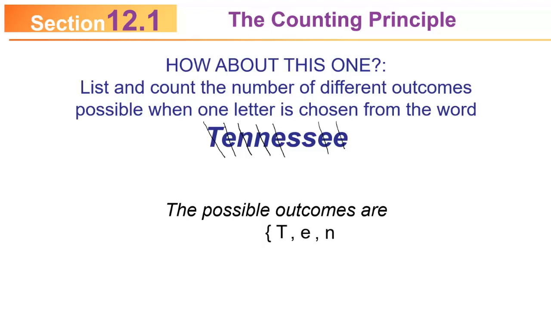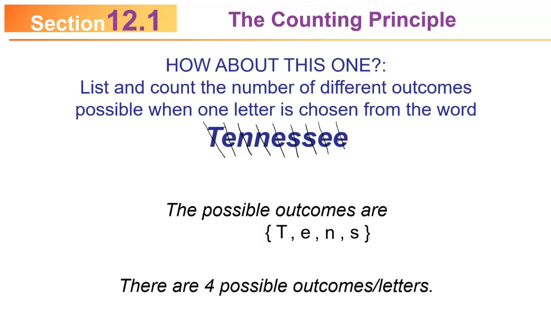There's multiple N's in Tennessee, multiple S's. And if you mark all those out, you can see that the possible outcomes are T, E, N, and S. And if you count them, there are 4 possible outcomes, each of which is a letter. So again, we've made a list and we've counted.